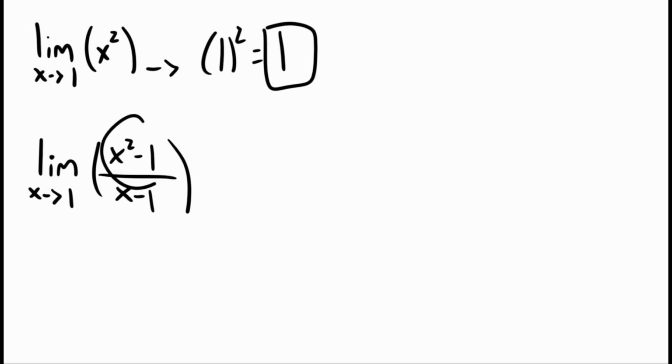So in order to avoid getting a 0 or an undefined, we can move around this function in general, change it and factor it out to a state where we could substitute x for 1 and have it not equal 0 or be undefined.